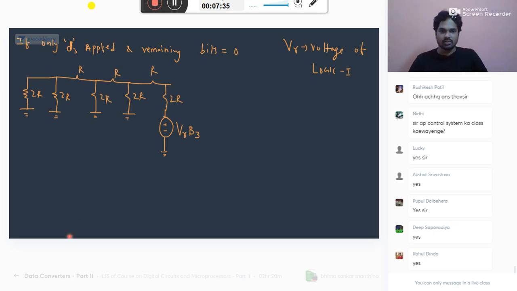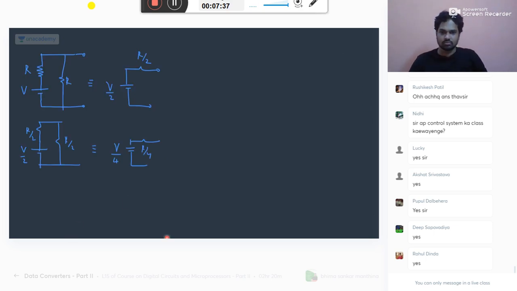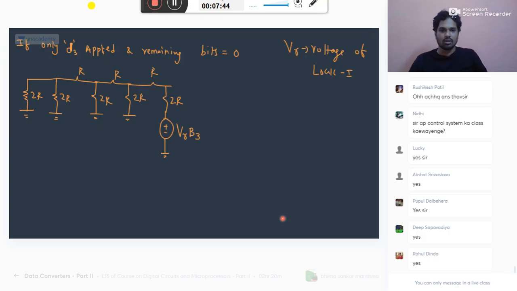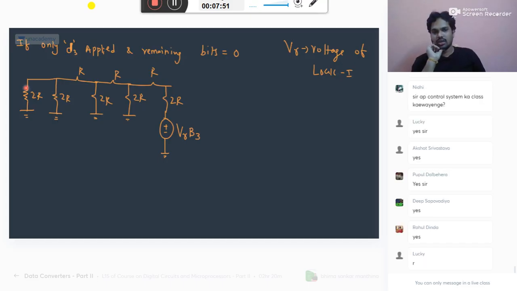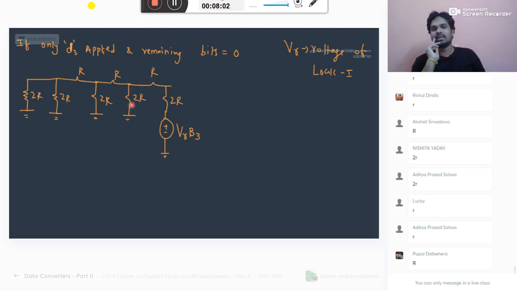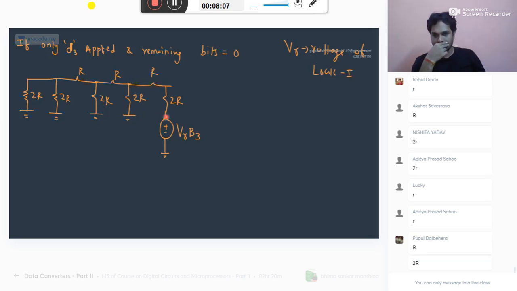Now, listen here. So here 2R, you just tell me, 2R parallel with 2R is how much? R. R series with R, 2R. 2R parallel with 2R, R series with R, 2R. So this part is equal to 2R. Again parallel with 2R is R, series with R is 2R. So 2R parallel with 2R, what is the answer?